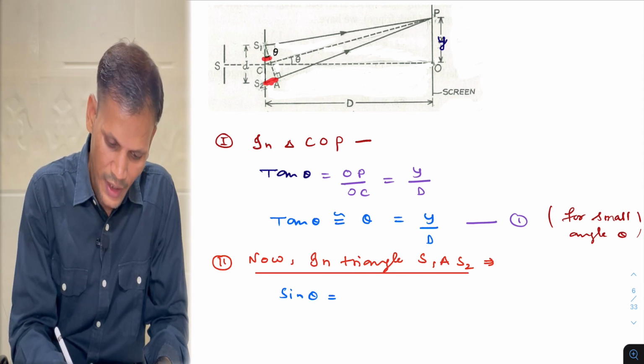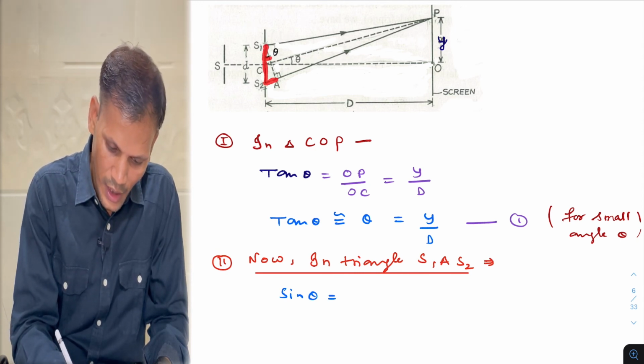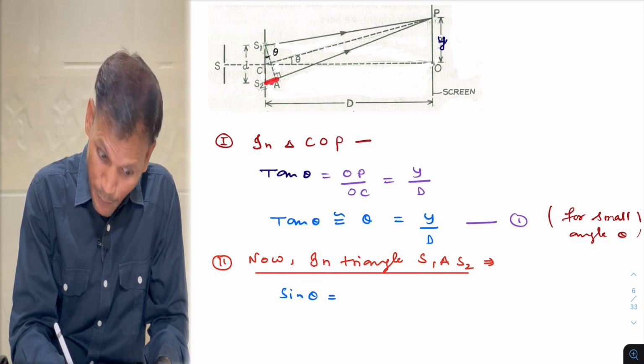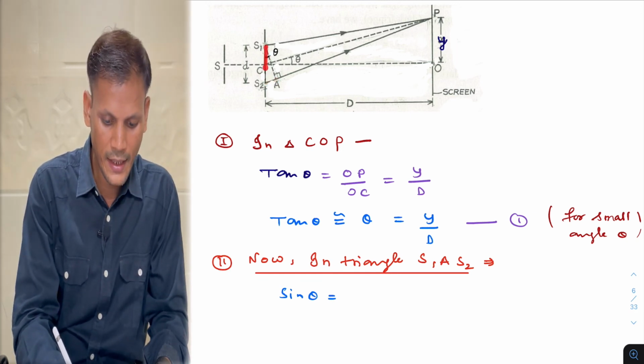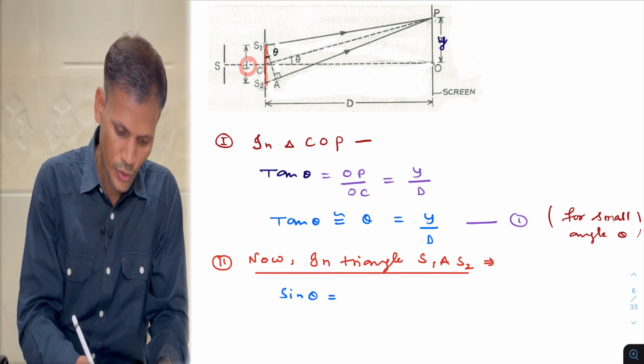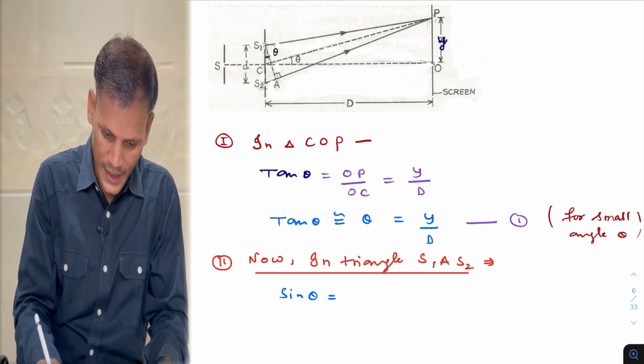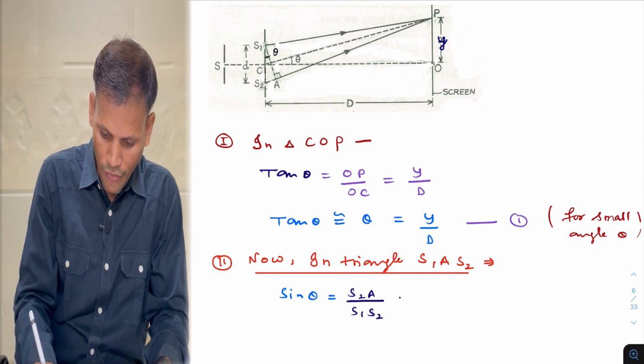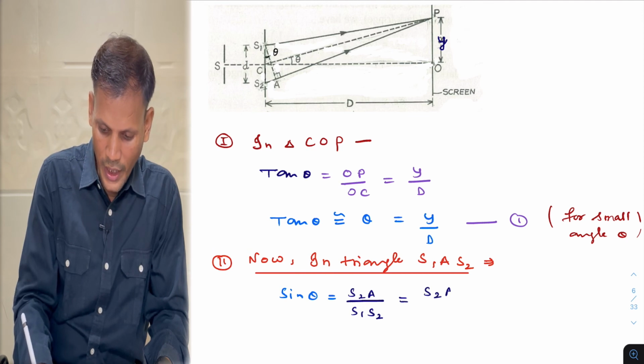Opposite upon hypotenuse. Opposite is S2A, which is the path difference, and the hypotenuse is S1 S2, which is small d.